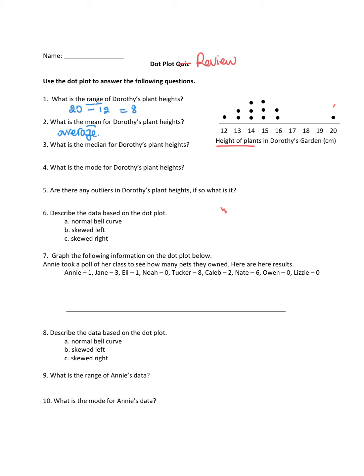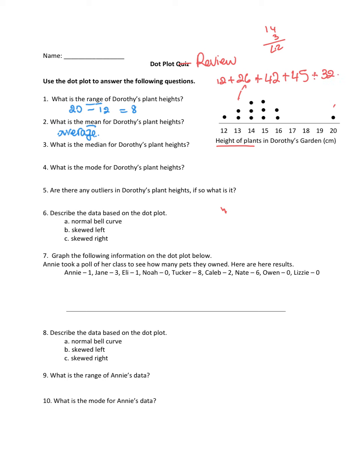We have 12, and there are 2 plants at 13, so that's 26. 14 times 3, there are 3 of them, so it will be 42. 15, there are 3 of them, will be 45. There are 2 at 16, so it will be 32.